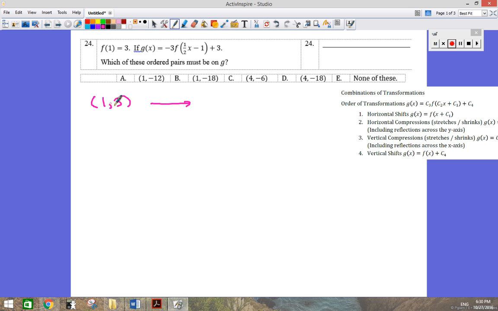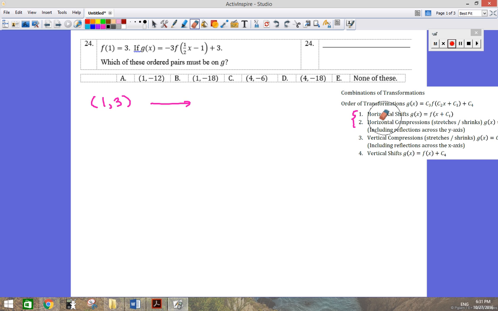Alright, now our first transformation according to our order of transformations is horizontal shifts, adding and subtracting to the x variable. And remember, on these first two transformations that are horizontal, when you're plotting points, x is left and right, and that's horizontal, and y is up and down, and that's vertical.